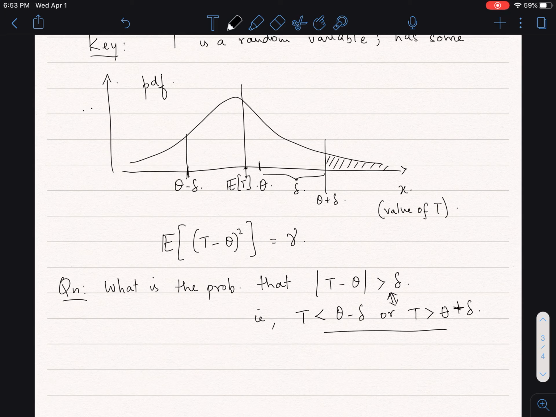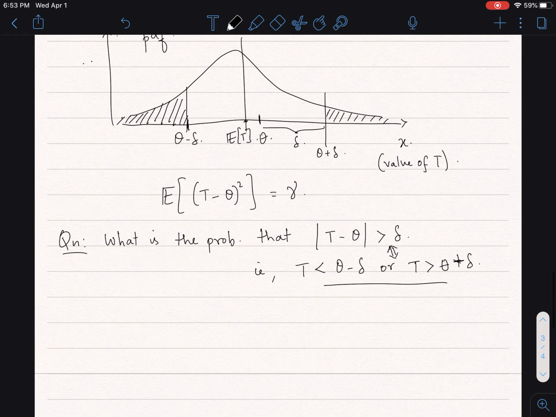If we knew the PDF of t, and I have plotted the PDF of t, then what I'm asking is the total area of the shaded region. So this is exactly equal to the total area of the shaded region.